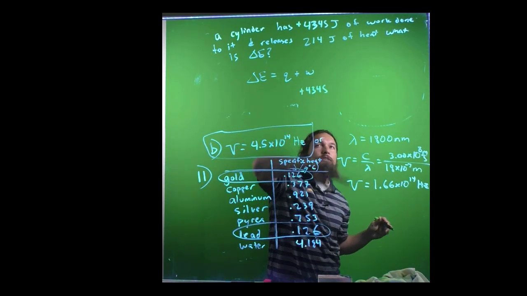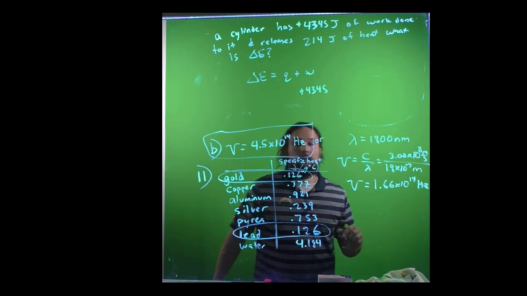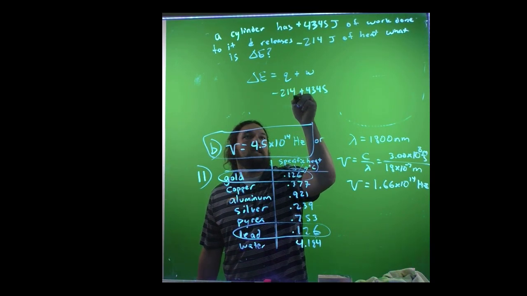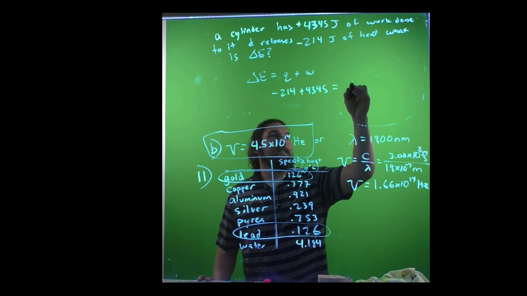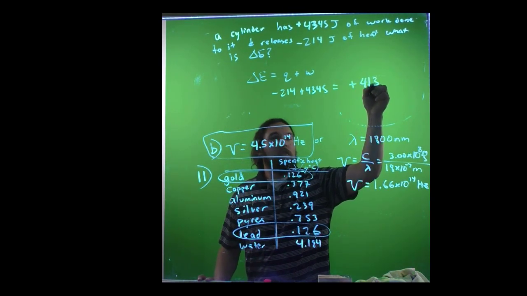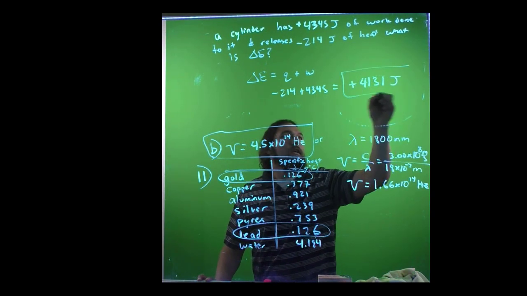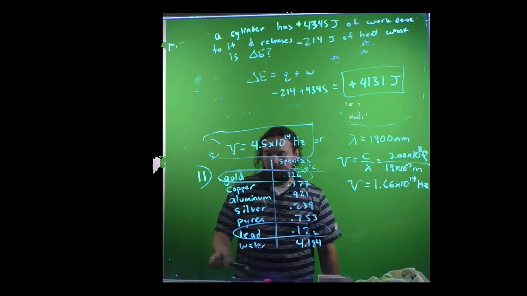And since it releases 214 joules of heat, it can either release or absorb heat; this is going to be negative. So negative 214 plus 4345 gives us positive 4131 joules as the answer, and that was a multiple choice question, and you can do that.